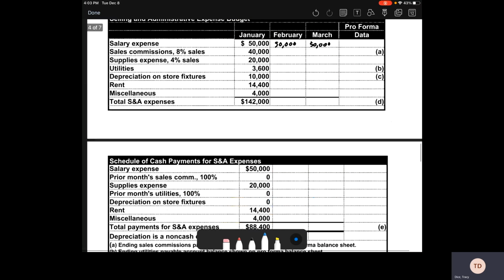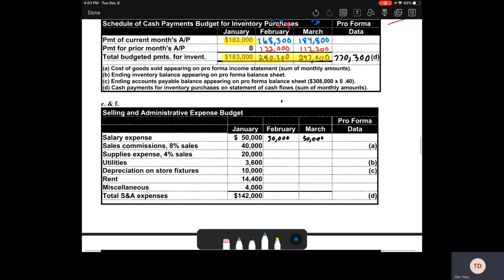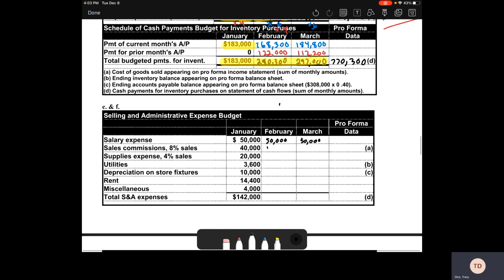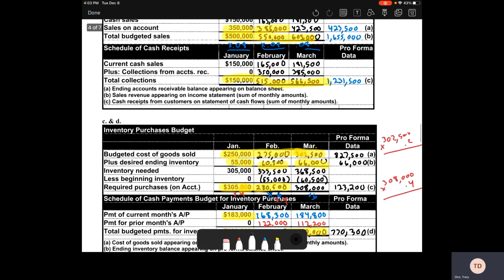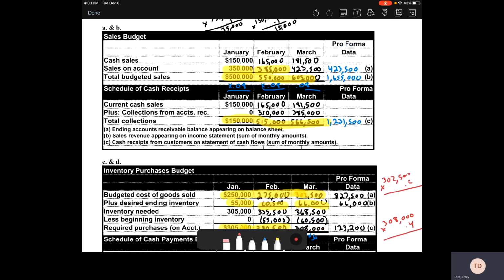So we'll come back down and we'll put those in. So 40,000, then 44,000, and then 48,400. That's all of our sales commission. Supplies expense is 4% of sales. So now we've got to come back up to those, and we're going to do that same thing, except instead of times 0.08, we're going to take those numbers times 0.04.